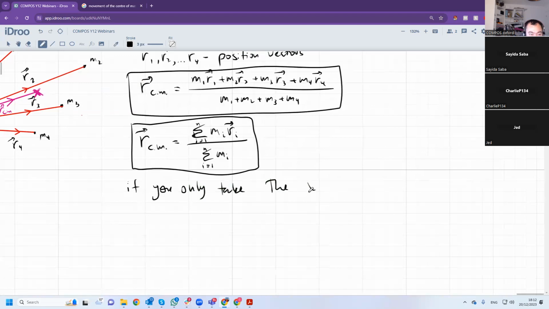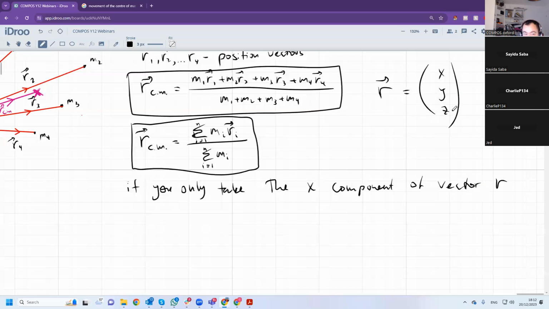Vector r has x, y, z components in 3 dimensions, x, y in 2 dimensions.